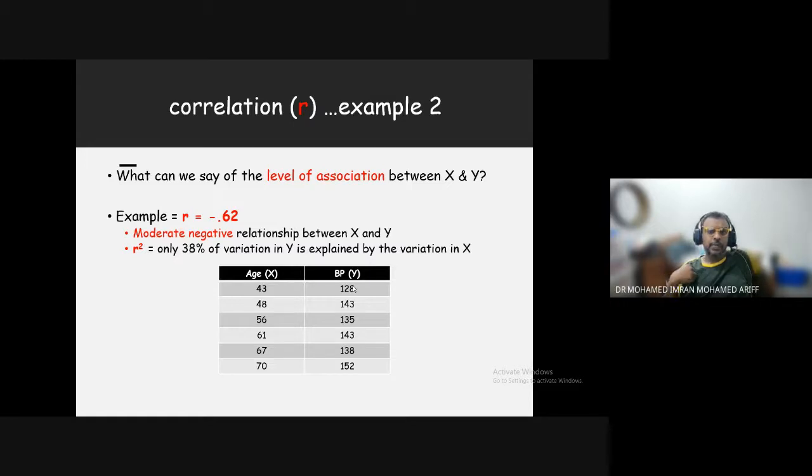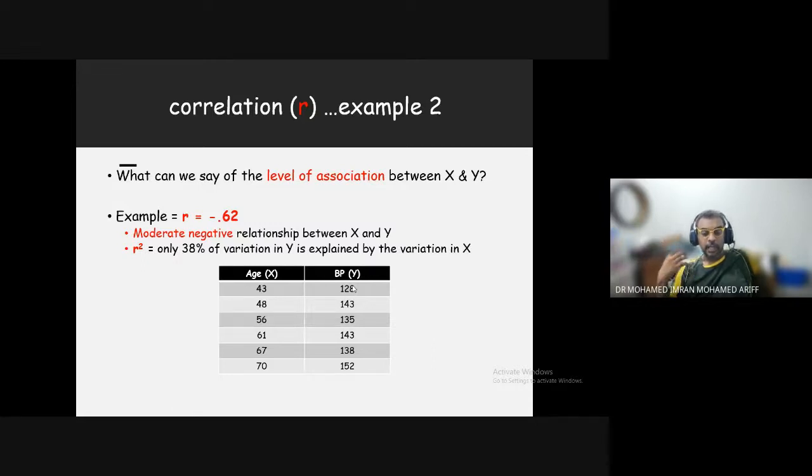Okay. Next we look at level of association. Example, jawapan dia ialah R sama dengan negatif 0.62. So soalan kita, tajuk kita ialah we want to look at the relationship between X and Y, di mana X ialah umur dan Y ialah dia punya blood pressure. Okay.